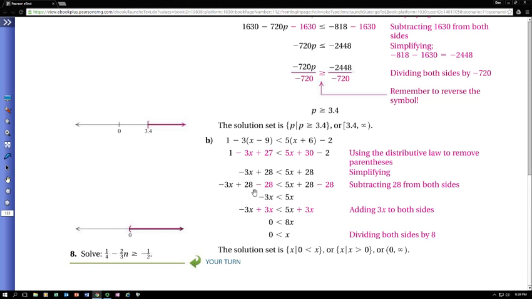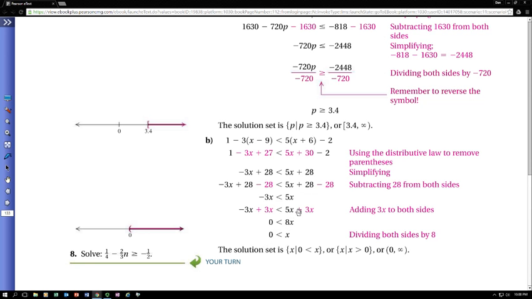Like terms together, then I try to get the variable on one side of the inequality. Now notice right here, we're used to seeing the x on the left side. You might have been tempted to add a negative 5x to both sides, and so on, and probably wouldn't have been a big deal because this is 0. But you probably would have made a mistake when you were solving because you would have multiplied by a negative and not changed the inequality symbol.